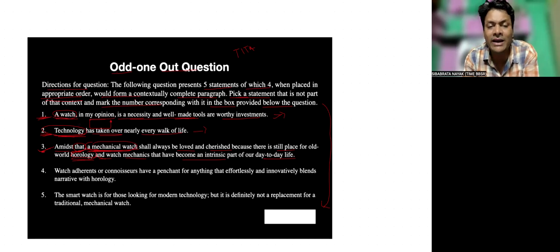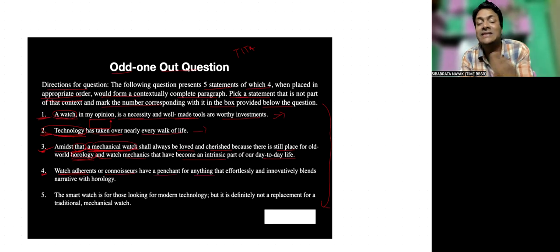Watch adherents or connoisseurs: people who love to wear watches, or people who have expertise in the particular product called a watch, have a strong liking for such items, because of how effortlessly and innovatively it mixes, and tells the story, right? Tells the story with the giving of information about time, isn't it?